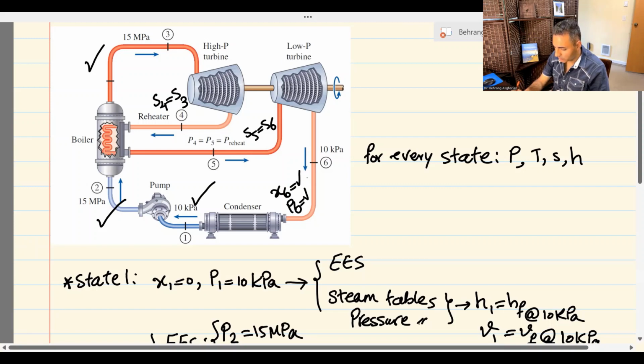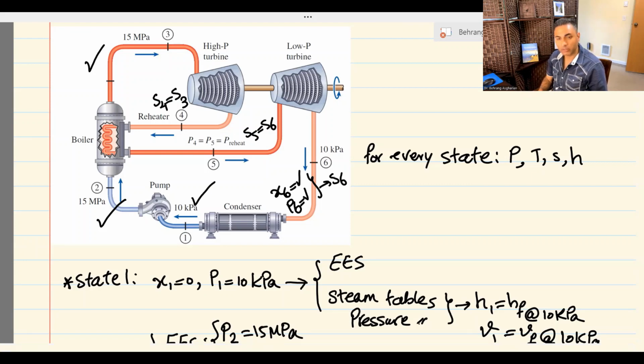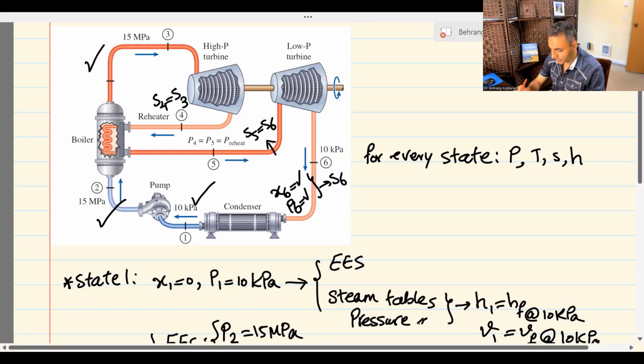If I know these two values, I can find S6 either from steam tables or with EES, since I have the quality. If I have S6, I have the value of S5. So I know the value of S5 in this case. Okay, that's good.